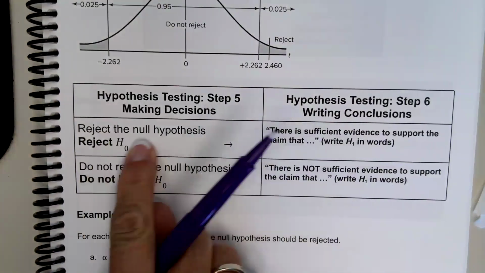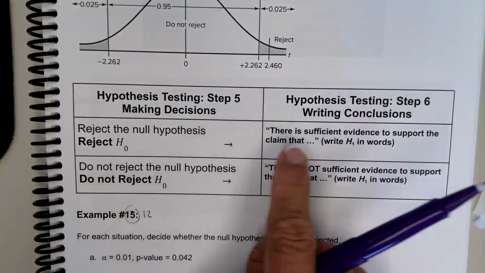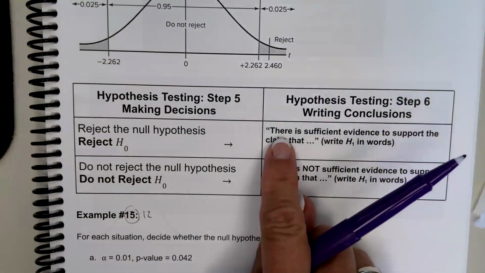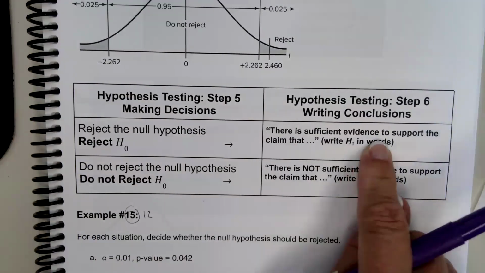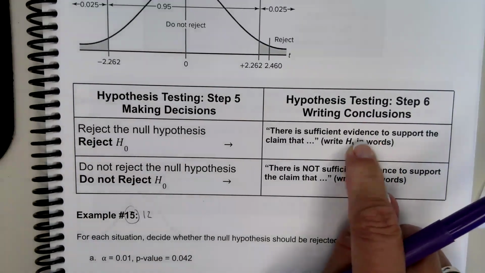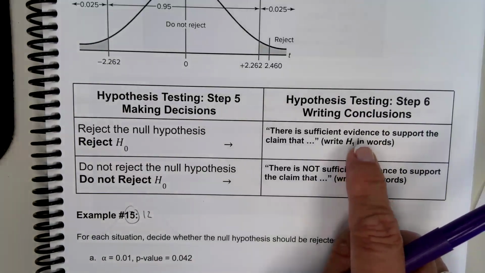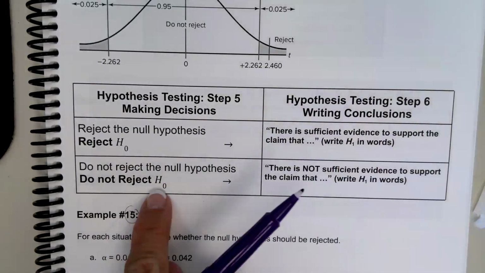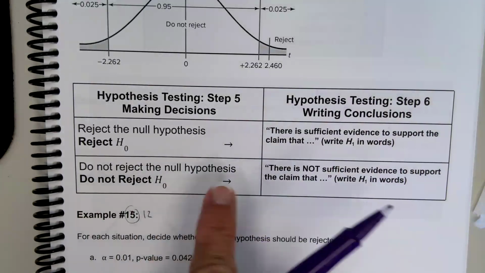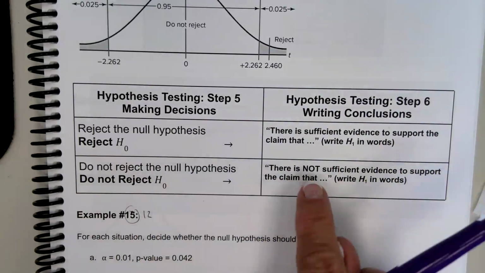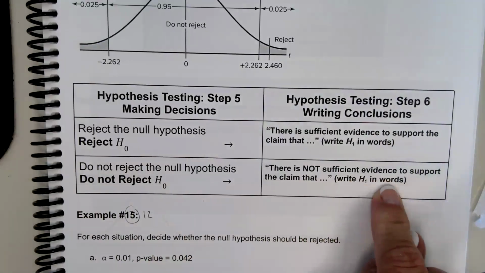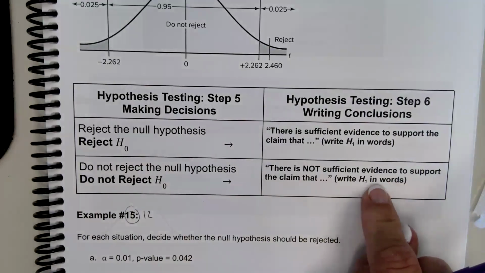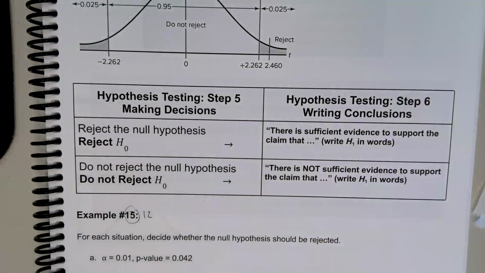If you reject the null hypothesis in step 5, then in step 6, you're going to say: there is sufficient evidence to support the claim that whatever H1, your alternative hypothesis, said. If you do not reject H0, then you're going to say specifically: there is not sufficient evidence to support the claim that whatever H1, the alternative, says. So you have to be careful with that.